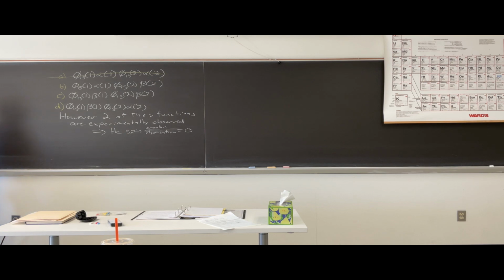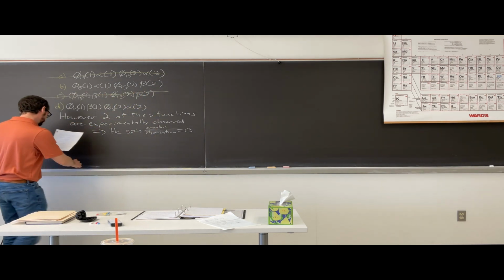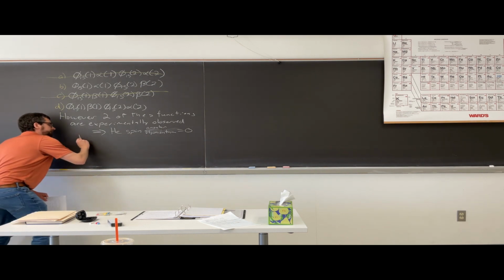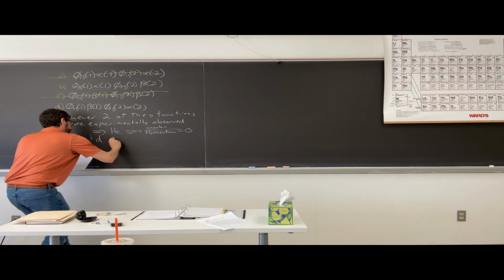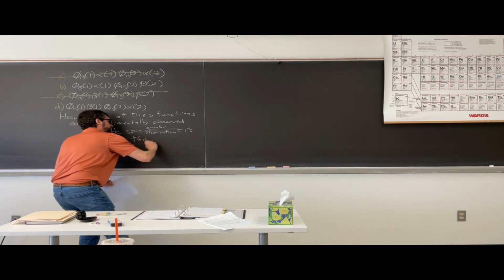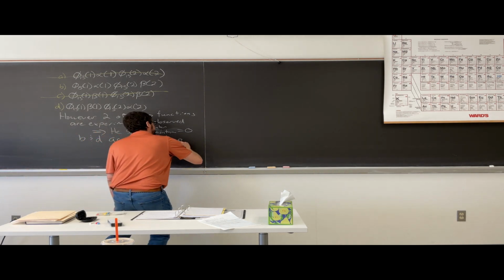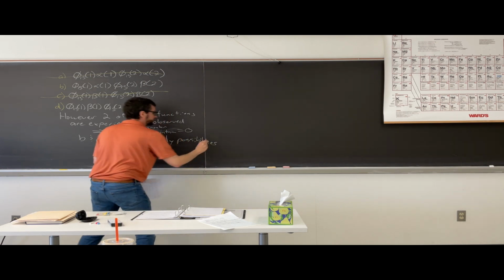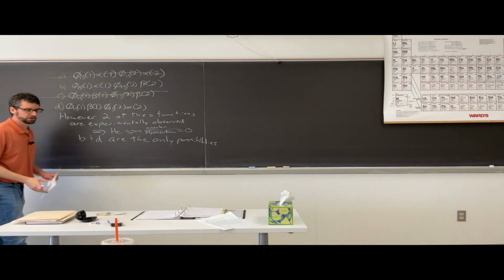What other one has an overall spin? Yep. So we can eliminate those two possibilities. So B and D are the only possibilities. So that's where they incorporated some experiment into this.